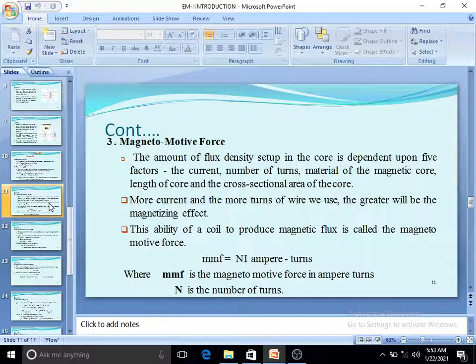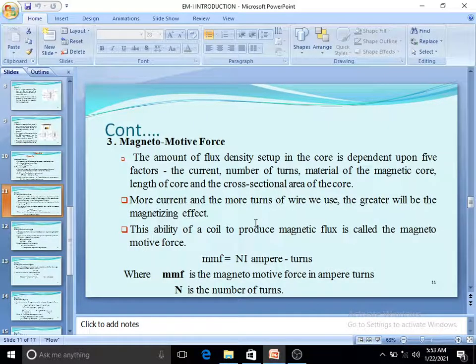Let us see how it depends. Actually, this is defined as the ability of the coil to produce magnetic flux, which is nothing but your magnetomotive force.